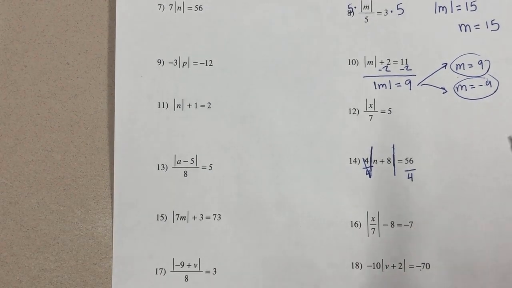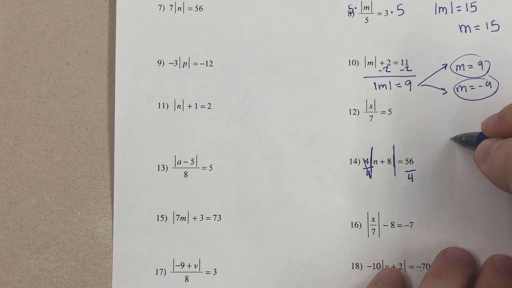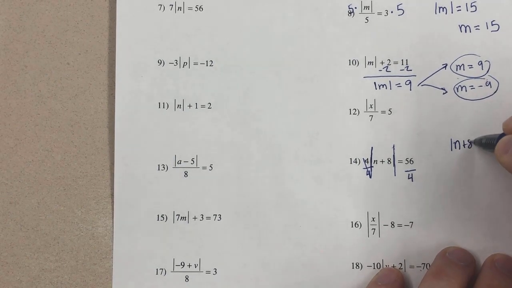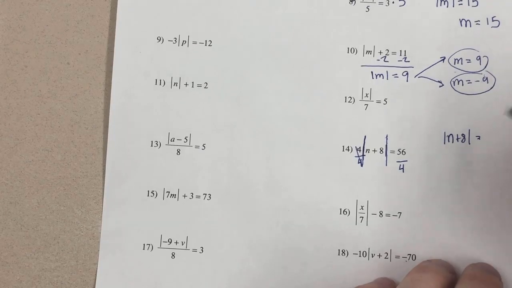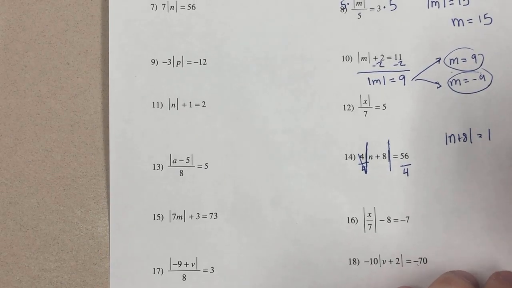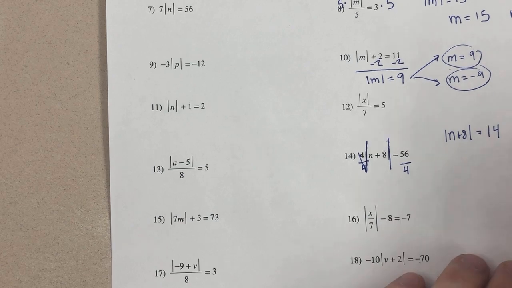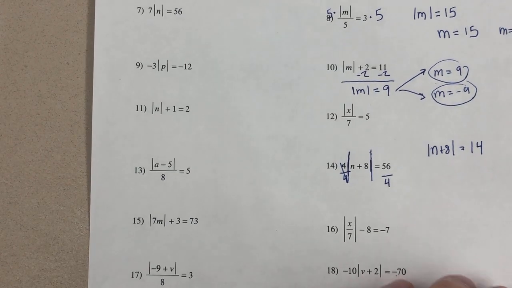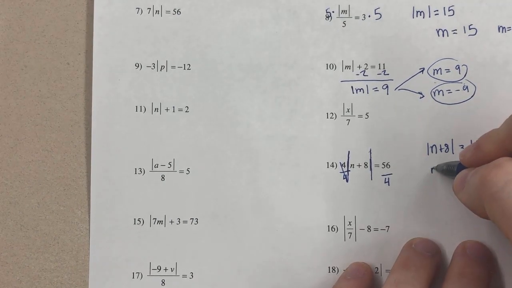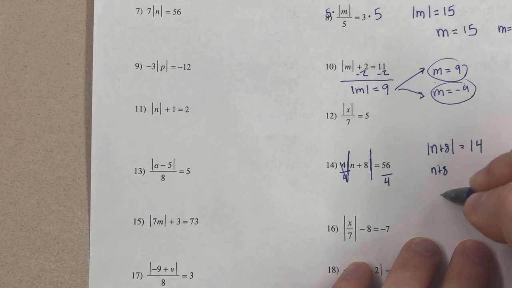So I'll do 4 into 56. So that I get the absolute value of n plus 8 equals, well, 4 goes into 5 once, with remainder 1. 4 goes into 16 4 times. 14, 28, 42, 56. Now I'll take off the bars. What numbers have absolute value of 14?